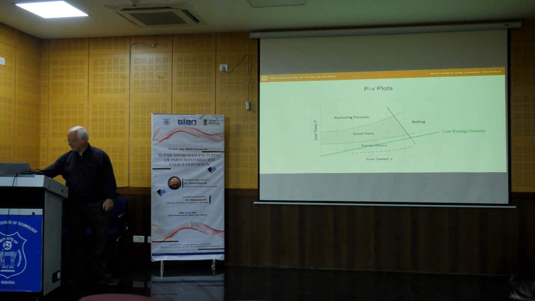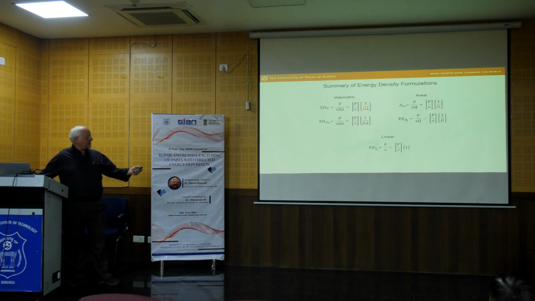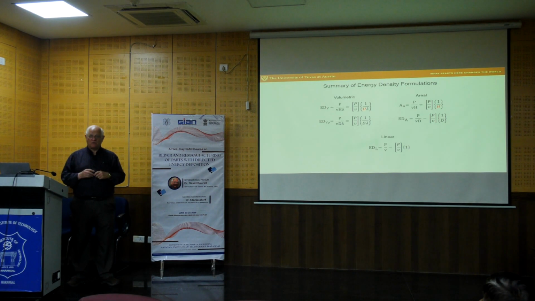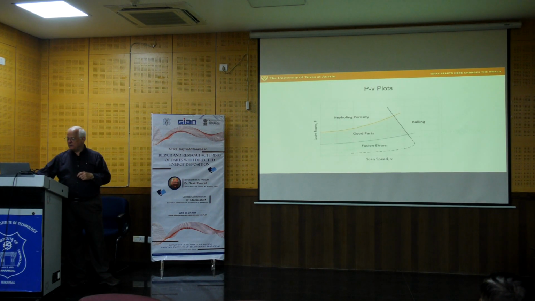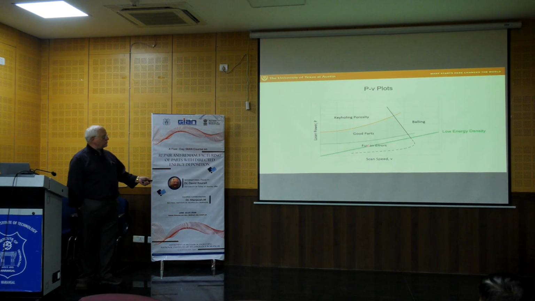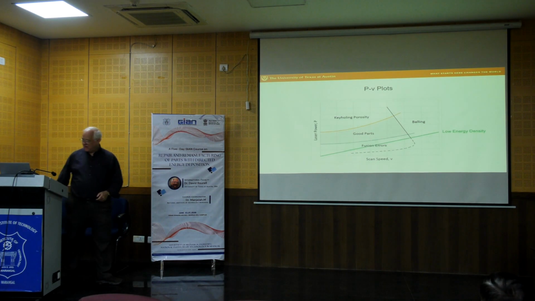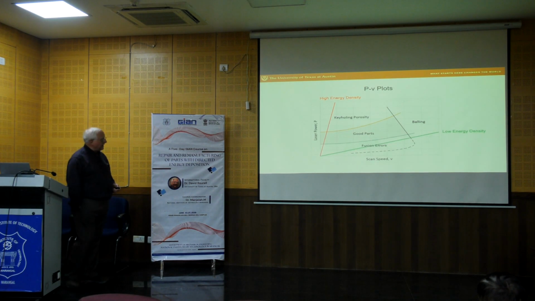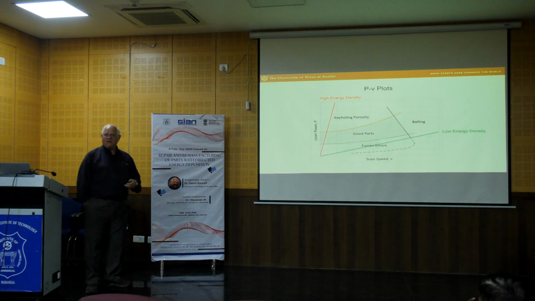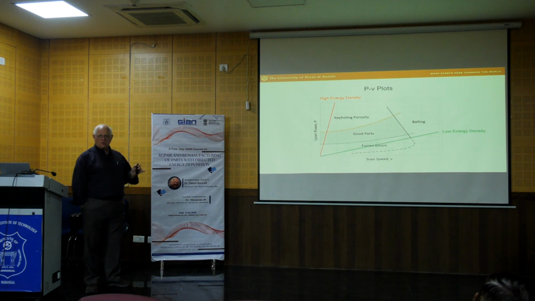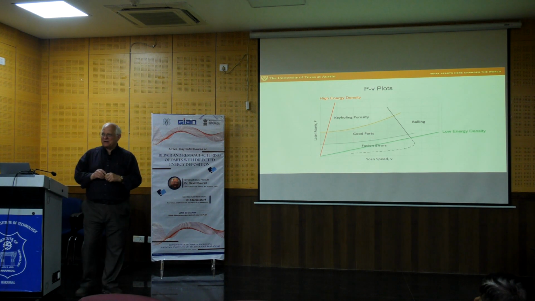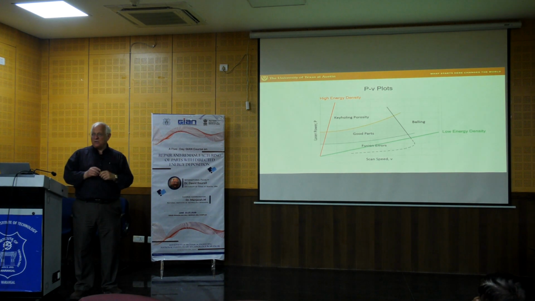And all of these forms for the energy density are related to P over V. So down here this would be, for example, a low energy density. And then if we came up this way, we would have a high energy density, like that. And so we can learn something from this plot: high energy density, as you can see here, doesn't guarantee that you get a good part, and neither does low energy density.